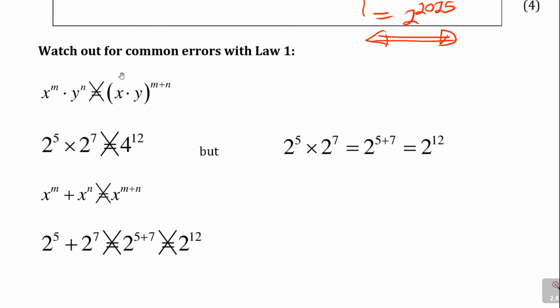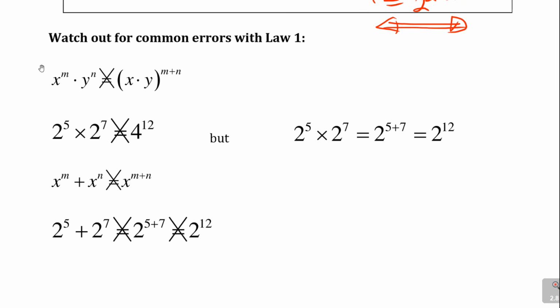Now let's look at the common errors with law 1. They are saying here with law 1, if you have x to the power m times y to the power n, for example 2 to the power of 3 times 3 to the power of 2, this is not equal to 2 times 3, bracket, and then 3 plus 2.